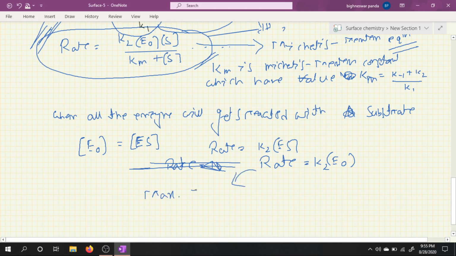I can simply write R max equal to K2 E naught, which is also written as V max, that means maximum velocity. This is the notation usually used in enzymology.